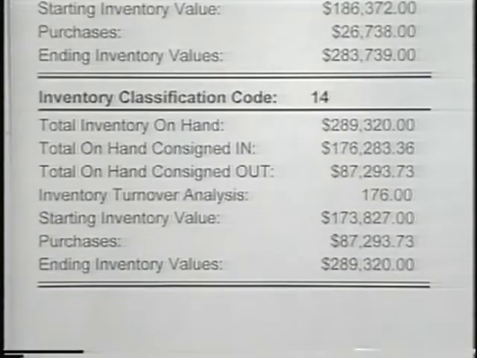Now the second inventory class code is class code number 14, and here again we have the total inventory on hand. That's our starting inventory. We had some inventory consigned in. We did issue material out, which is consigned out.